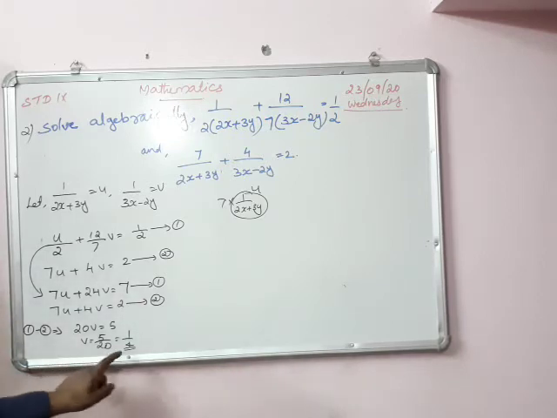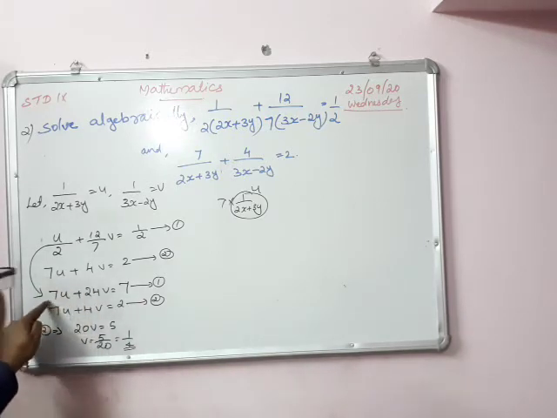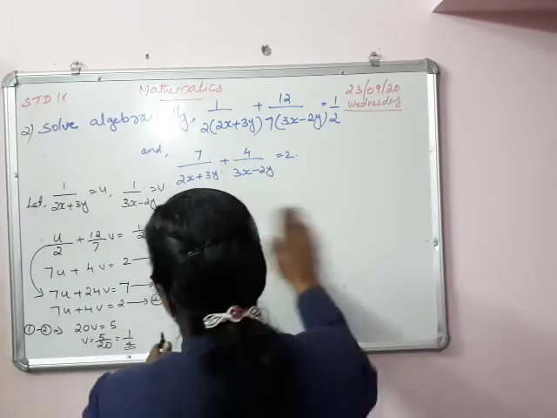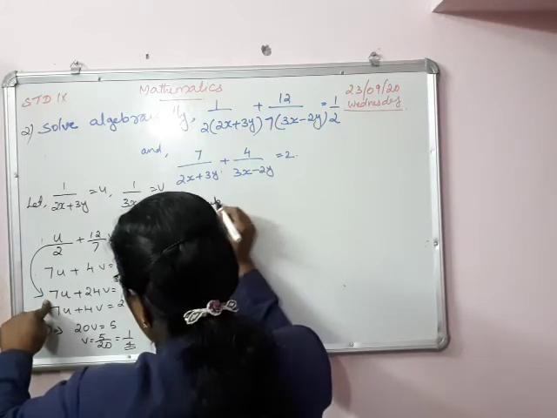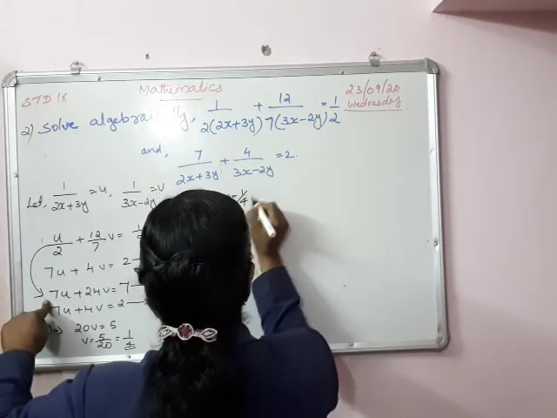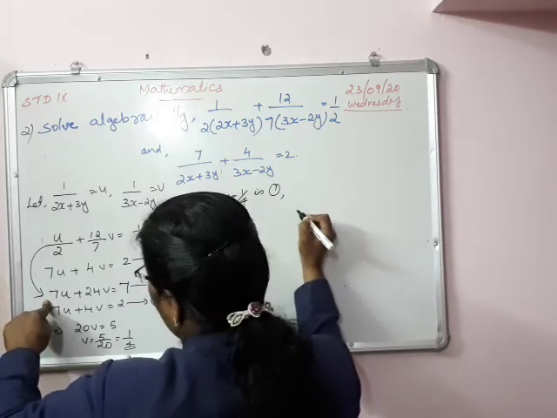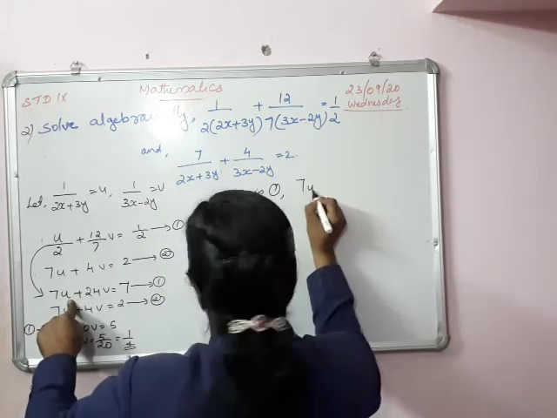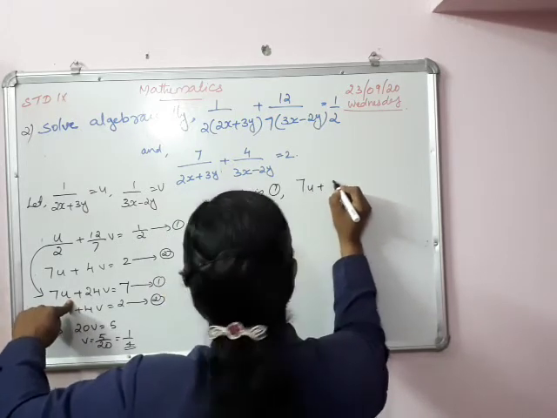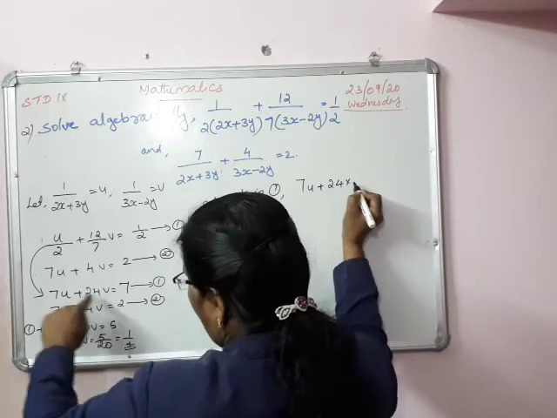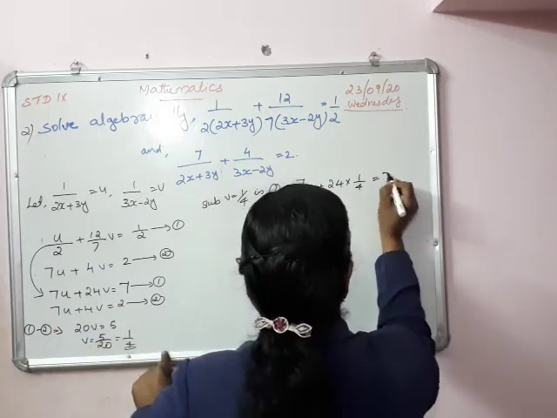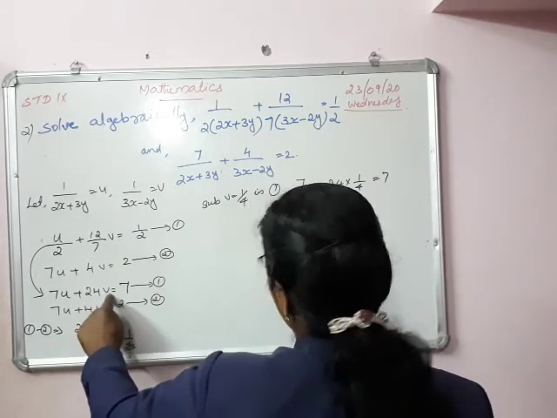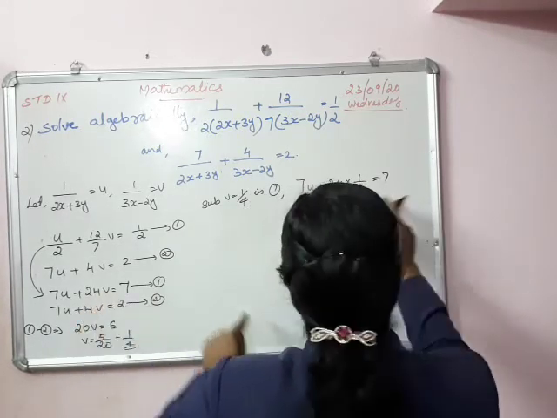This v we can substitute in any one of the equations. I am going to substitute in the first equation. So substitute v is equal to 1 by 4 in equation number 1. 7u plus 24 into v, v is 1 by 4, is equal to 7.